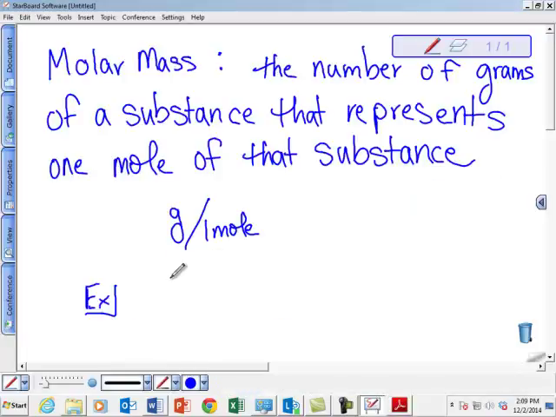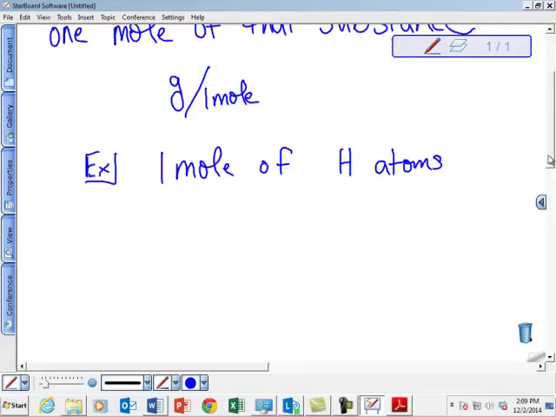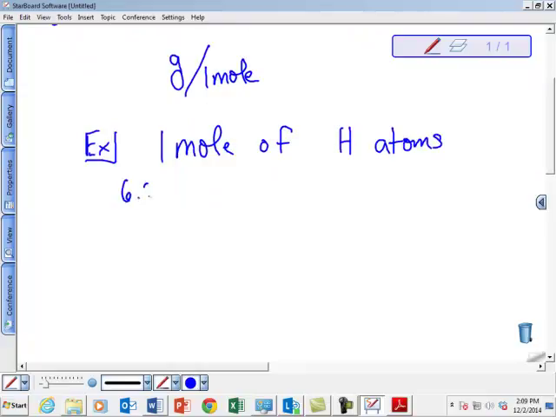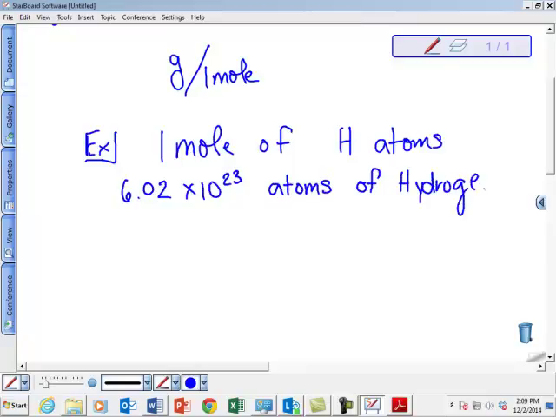Basically, here's what you guys need to know. If I had 1 mole of hydrogen atoms, okay, what would that mean? Well, that would mean that I would have technically 6.02 times 10 to the 23rd atoms of hydrogen. That's a lot of hydrogen atoms, huh? Okay.